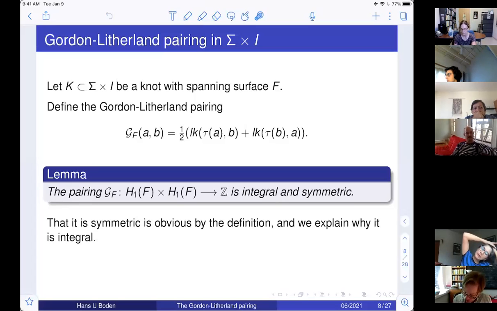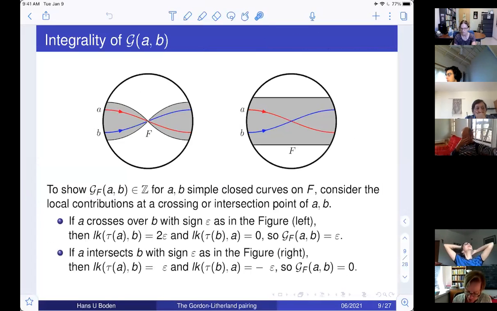So let me explain why that's true. It's easiest to see if you argue locally. When you draw the curves, they are actually generators for the first homology of our surface. The surface here is the shaded portion.